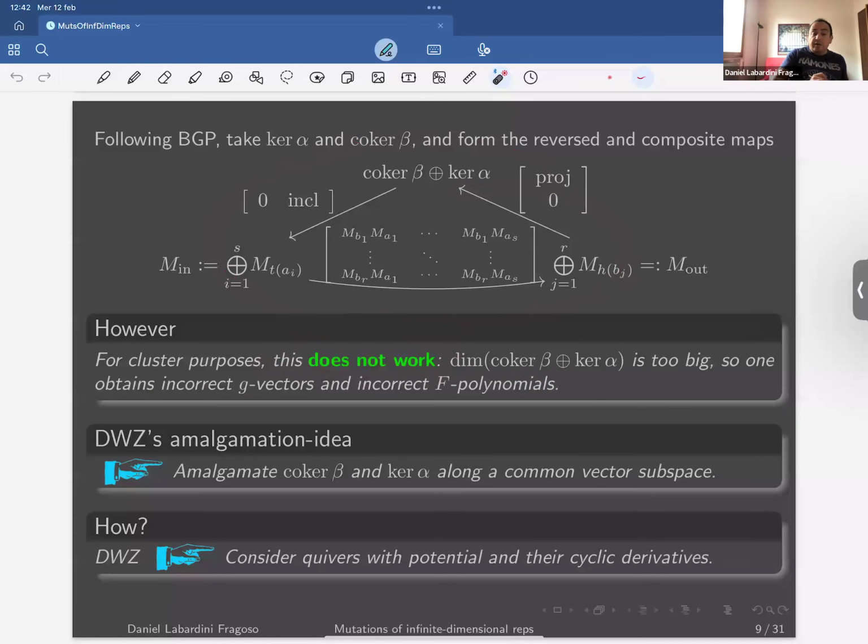So there are some things called cluster algebras, which I'm not defining. But in these cluster algebras, there are two important notions. One is that of the G-vector, and the other is that of the F-polynomial. Let me say just briefly what a G-vector in a cluster algebra is. There is a type of cluster algebra called a cluster algebra with principal coefficients, and in it one can define a degree.